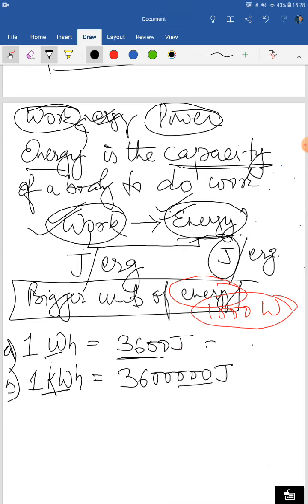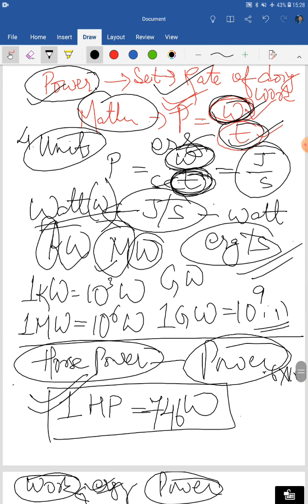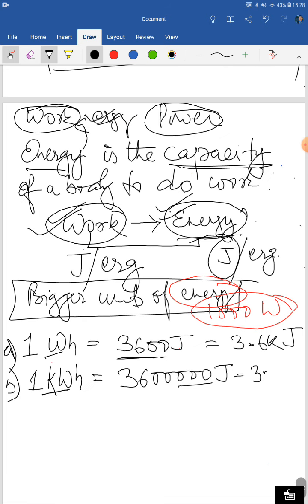Understand? So this you can write as 3.6 kilojoule. Okay, this you can write as 3.6 into 10 to the power 6 joule. So 1 kilowatt hour means 3.6 into 10 to the power 6 joule.